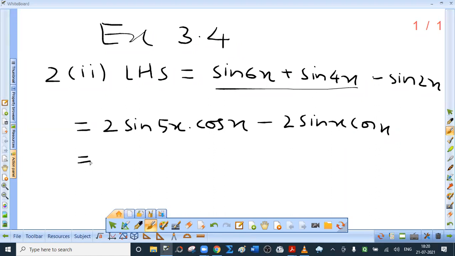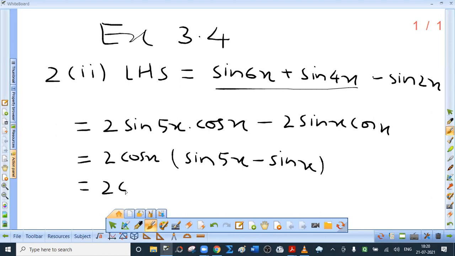So I can take 2 cos x common to get in bracket sine 5x minus sine x. Now what is sine A minus sine B? See, it is all about knowing an application of standard formulae. Sine A minus sine B is 2 cos of A plus B by 2, 5x plus x by 2, that is 3x, into sine of A minus B by 2.